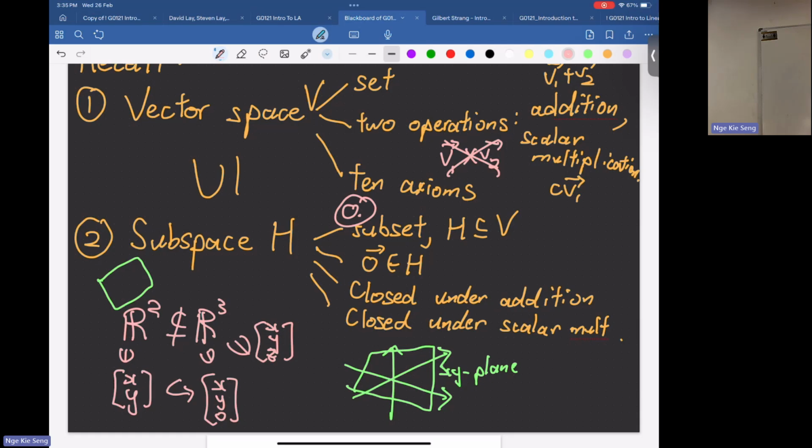What else? Okay, let's use this picture then. We have a vector space which is R3, and then we look at the XY plane as your subspace. So this is our subspace. How to look for a basis?